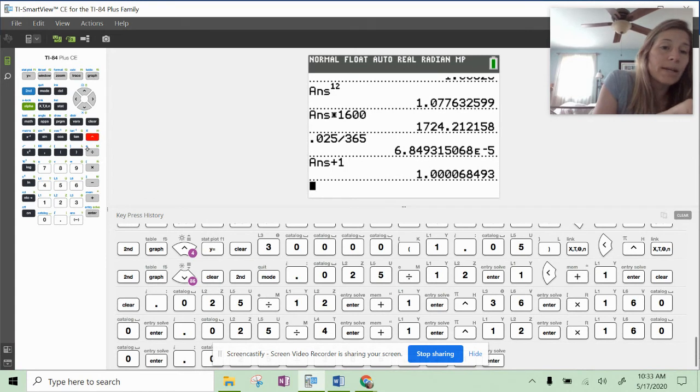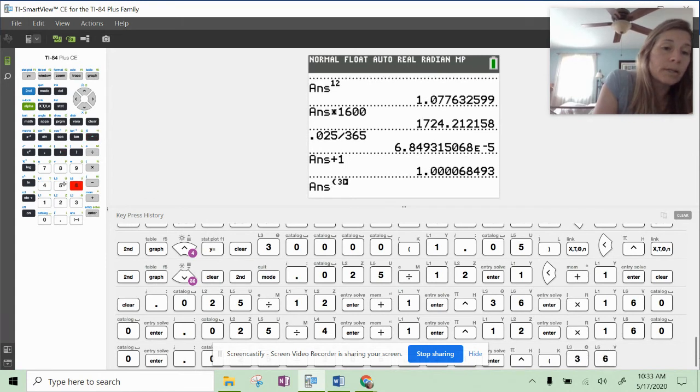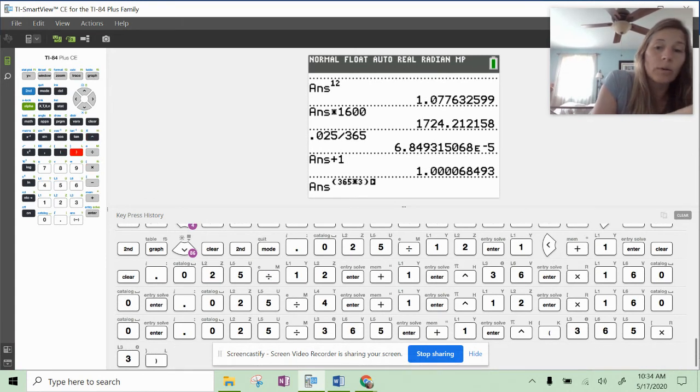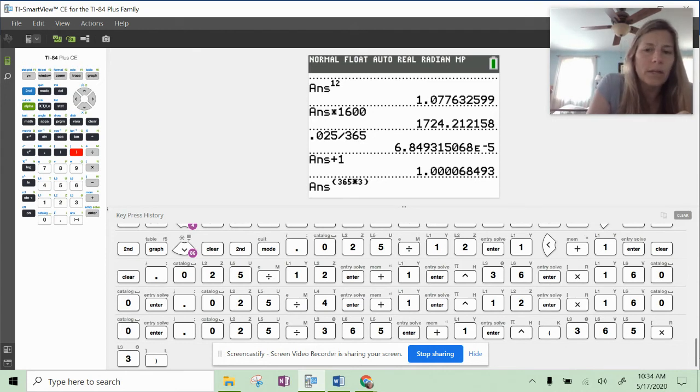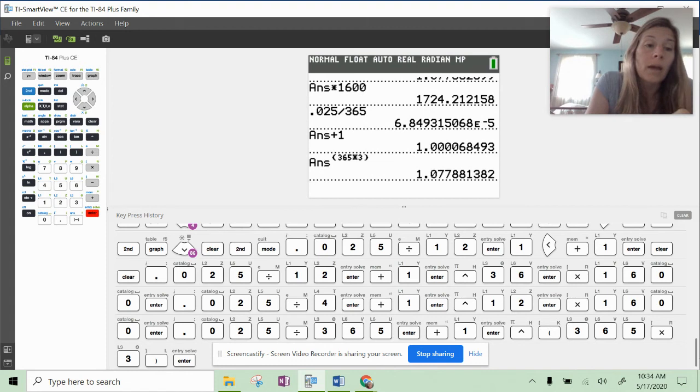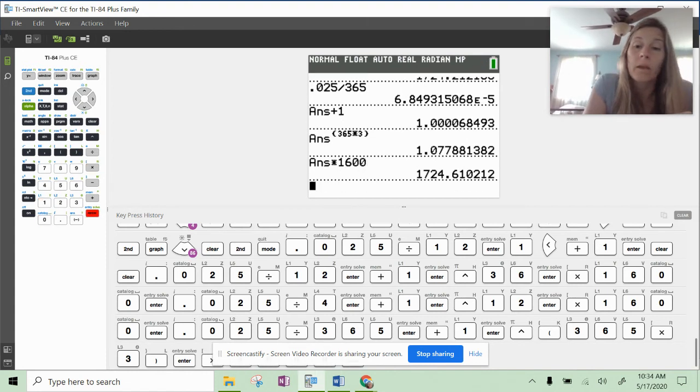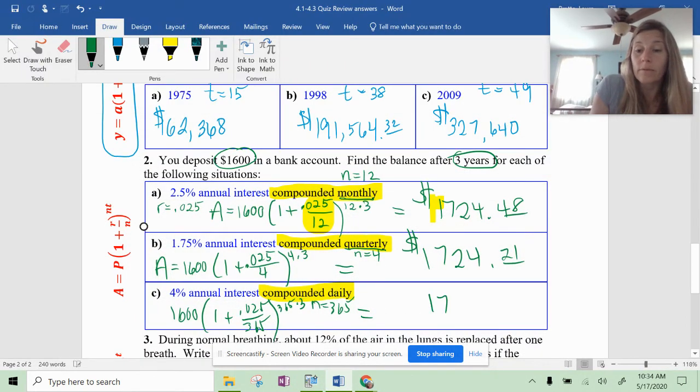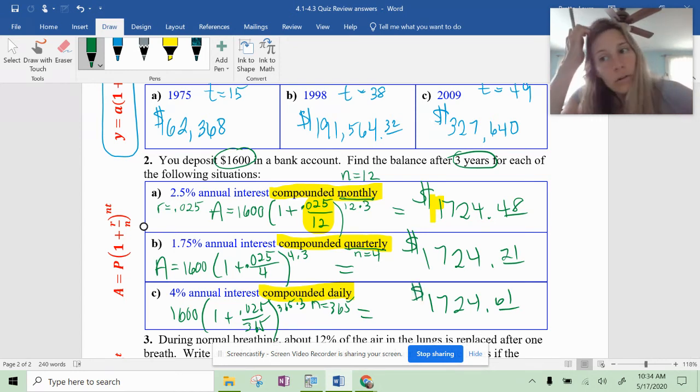Now I have to raise this to 365 times 3. So I put it in parentheses because I didn't know what that was off the top of my head. If you already did it on the side, then just raise it to the number. And now that's getting multiplied to that 1,600. So 1724.61. You can see that that's a little bit higher of a value than the monthly interest.